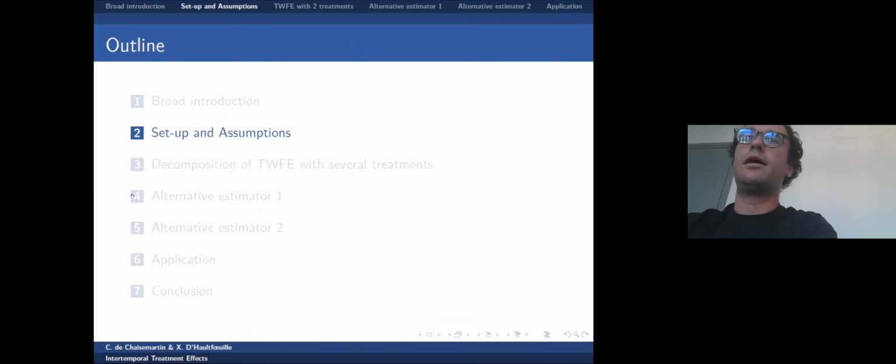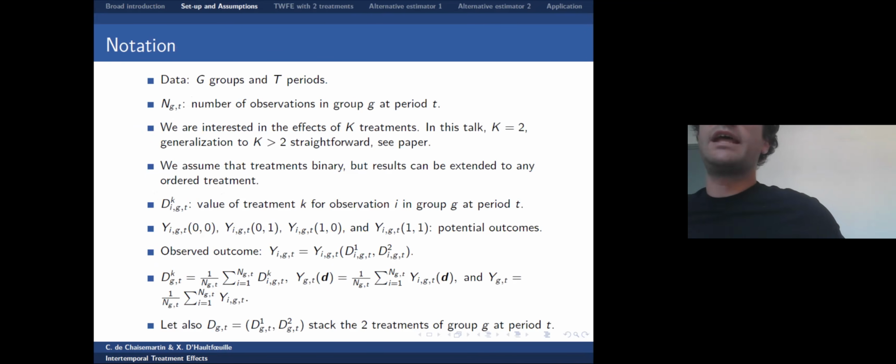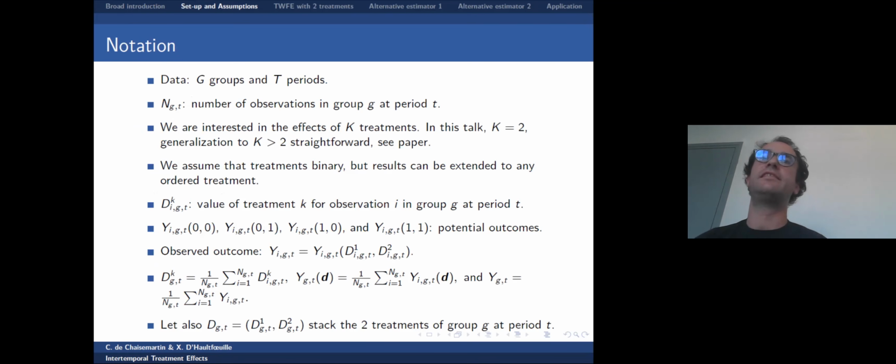Okay, so now let's get into the detail of the setup and the assumptions. We have data that can be divided into G groups and T time periods. N_gt is the number of observations in group g and at period t. We are interested in the effect of K treatments.